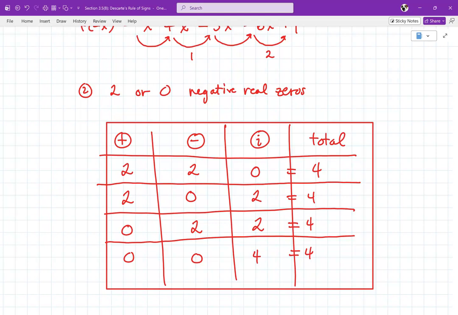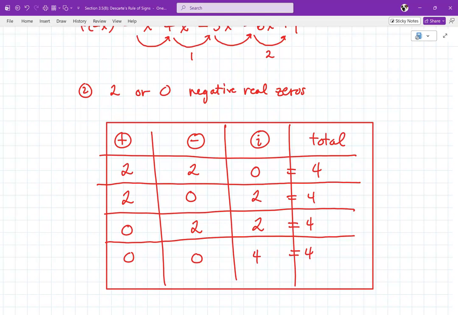If I have no positives with no negatives, I need to have 4 imaginary. Remember, imaginaries always come in pairs, so they either come in 2s, 4s, 6s, 8s, okay? They don't come in 5s or 3s or 1s. So this is the chart that tells me how many positive and negative answers you can have.